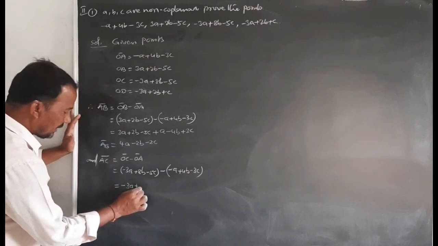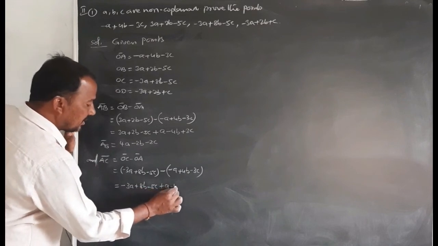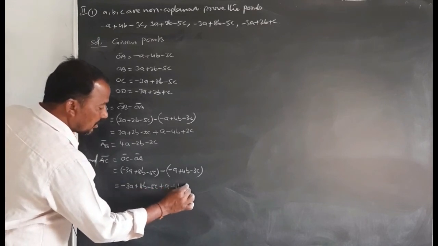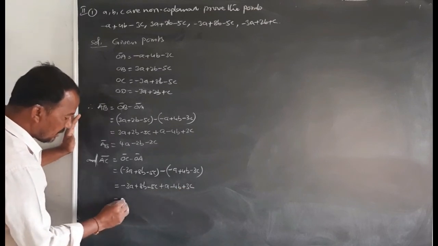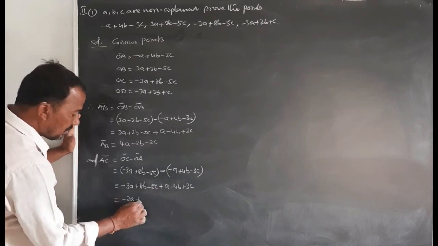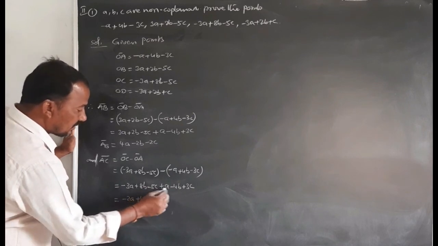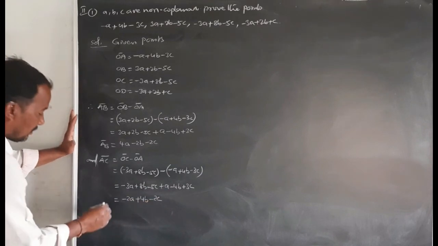That is minus 3a plus 8b minus 5c plus a minus 4b plus 3c. Minus 3a plus a is minus 2a, 8b minus 4b is 4b, minus 5c plus 3c is minus 2c. That is AC.